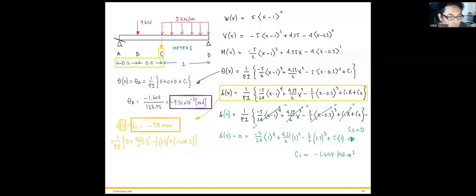So we finally got these two constants, and we want to figure out the deflection at point C. We use the deflection equation, plug in x equals 1, and you can figure out the deflection at point C is minus 5.8 millimeter.